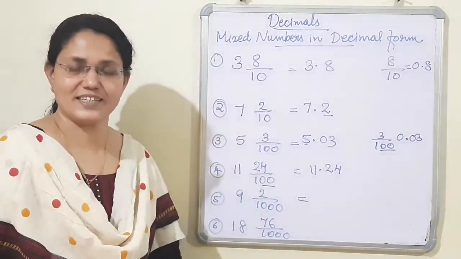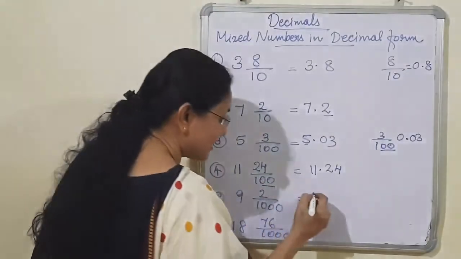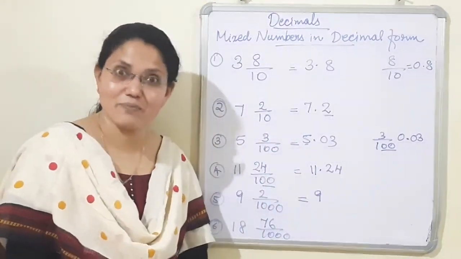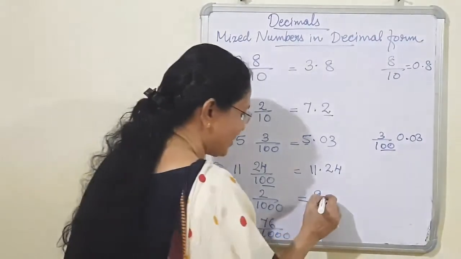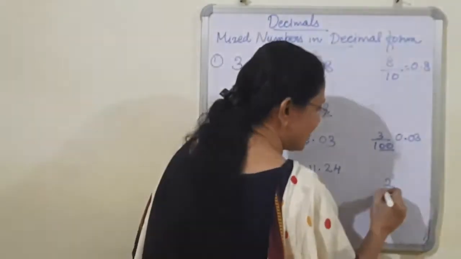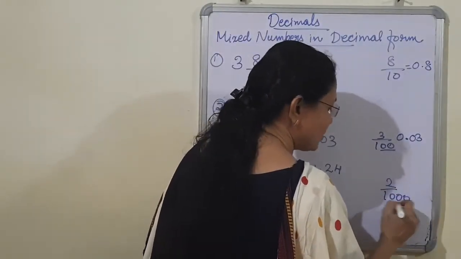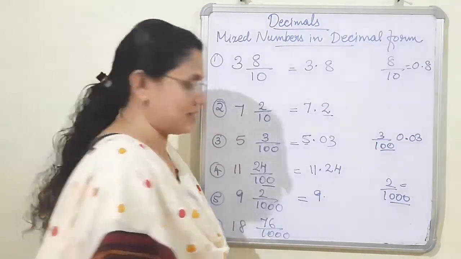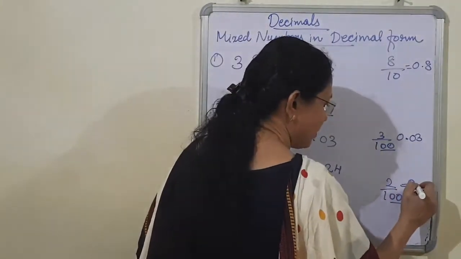Okay. Next one, 9 2 by 1000. How can we write this? First, the whole number part 9 is there. Then just after the whole number part we must put a decimal point. Next, 2 by 1000. In 1000 there are 3 zeros, therefore there should be 3 decimal places. The whole number 0 we have to write.